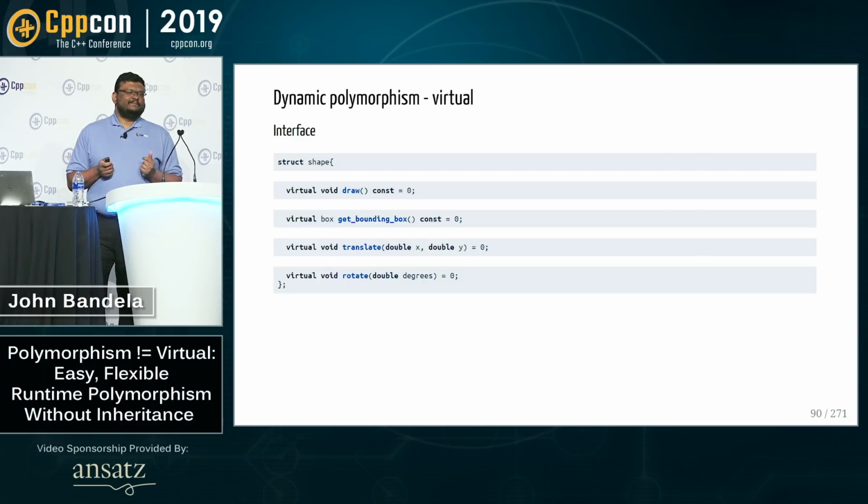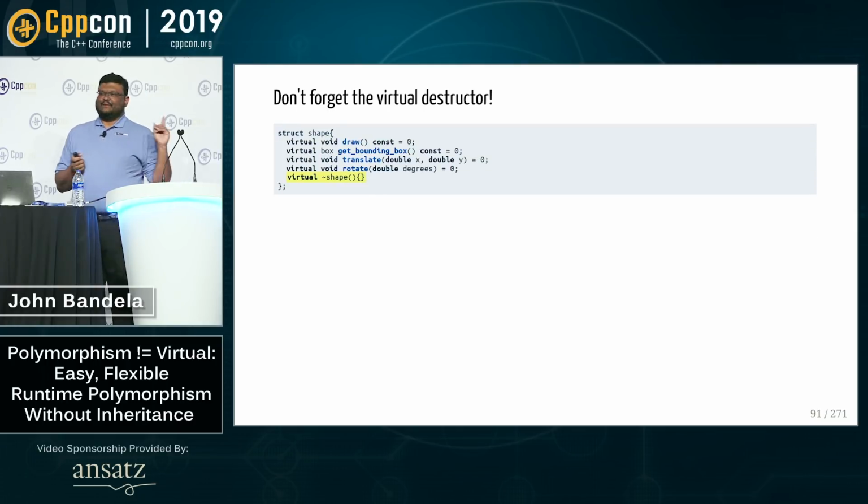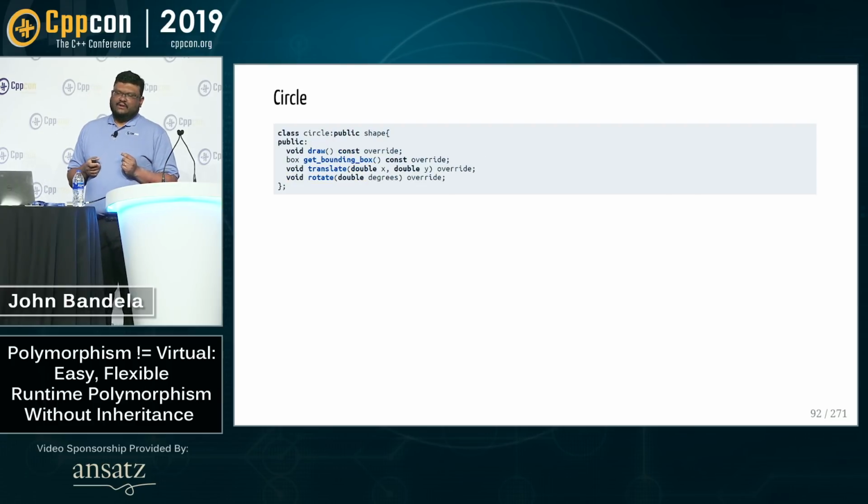What have we forgotten? Don't forget the virtual destructor, right? It's something to remember. If you're not paying attention, it'll trip you up and you'll get weird errors. All right, so how do we define circle? Inherit from shape, and do a bunch of overrides: draw, get bounding box, translate, and rotate.